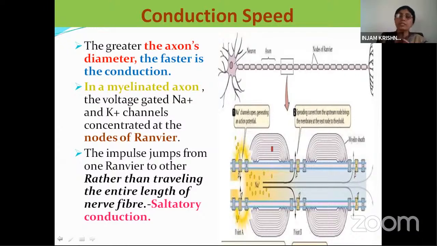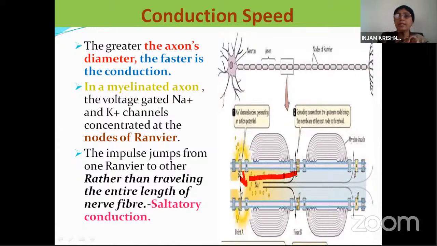But there is no presence of voltage-gated channels under the sheath. So the sodium ion influx is here, but there are no gated channels in the immediately neighboring place to activate, so it moves very quickly to the next area, because voltage-gated channels are present there.